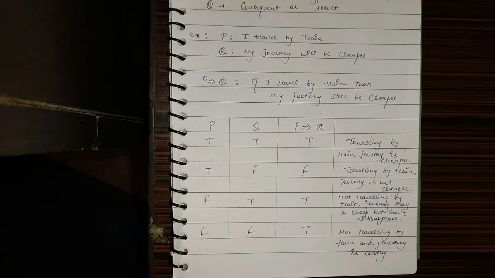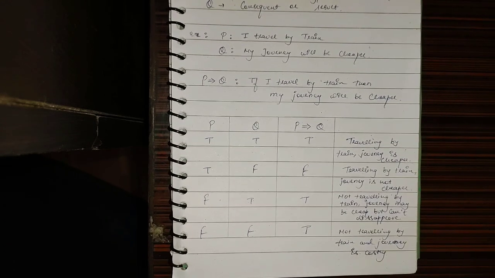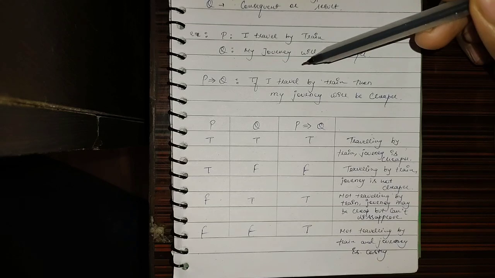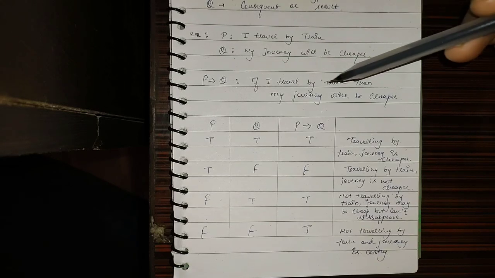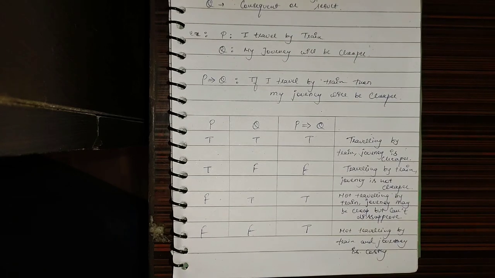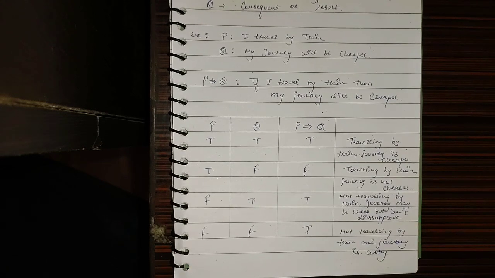When I said that P implies Q, the statement was defined as if I travel by train, then my journey will be cheaper. We are passing a condition here that traveling by train will make the journey cheaper because train is cheaper than other means of transport.